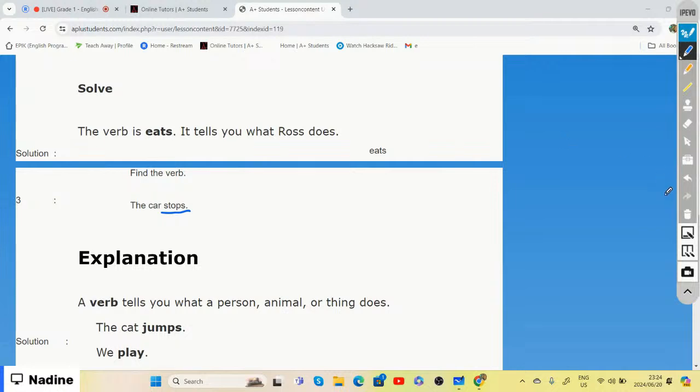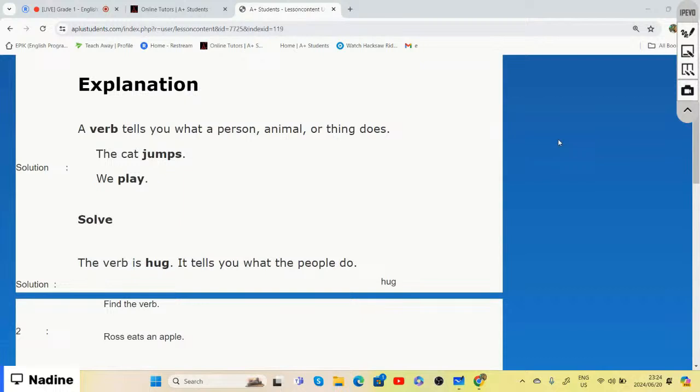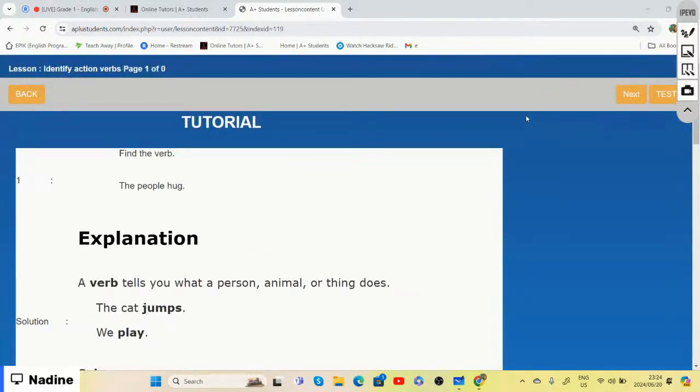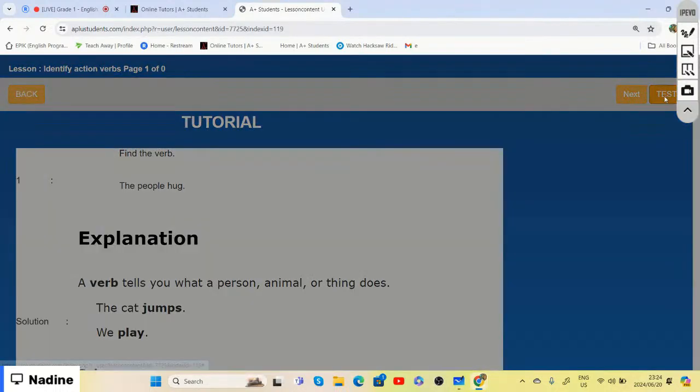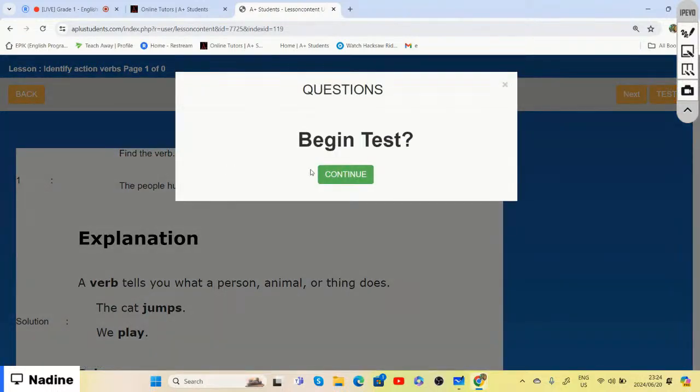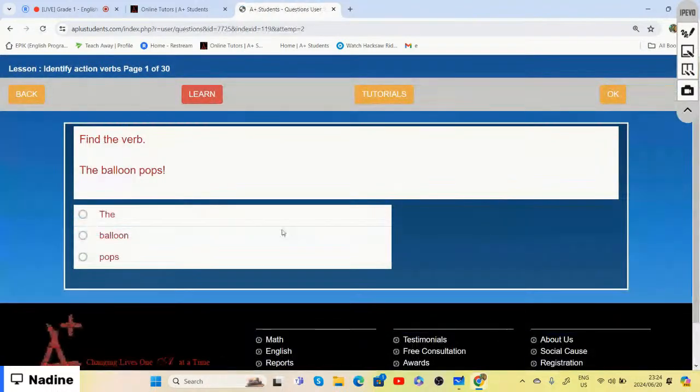All right, so now we're going to our test where we're going to identify action verbs, right? It says we need to find the verb within the sentence. It says the balloon pops. So what is the verb within that sentence?